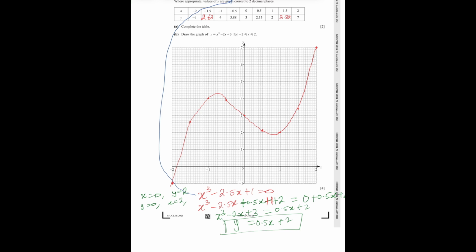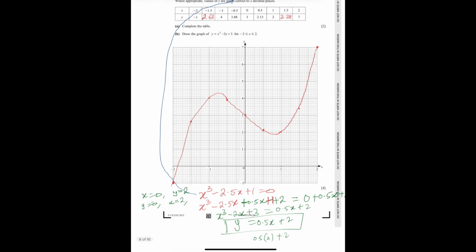Take any value, it's a straight line. So when x is 2, this becomes 0.5 times 2 plus 2. So 0.5 times 2 is 1. 1 plus 2 is 3. So y is 3. Take any point you like. So when x is 0, y is 2 here. When x is 2, y is 3.